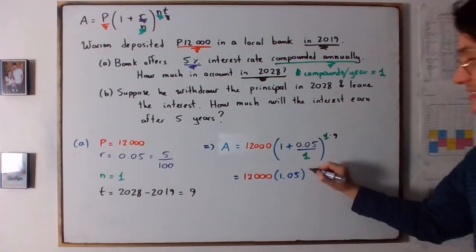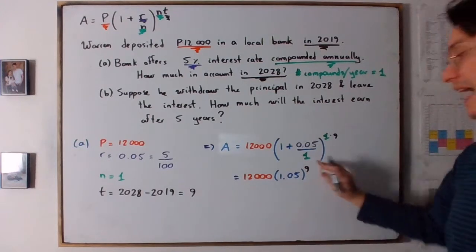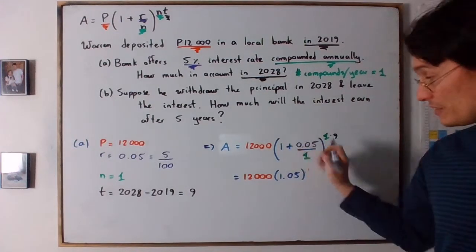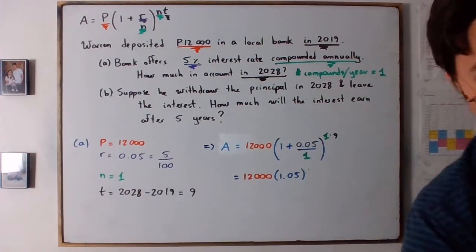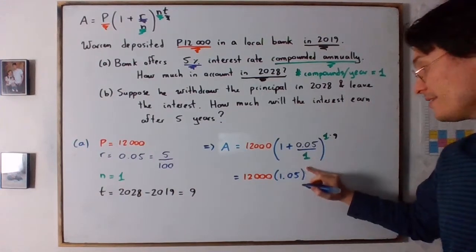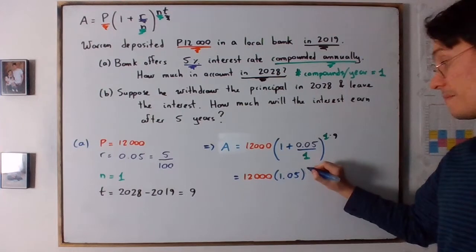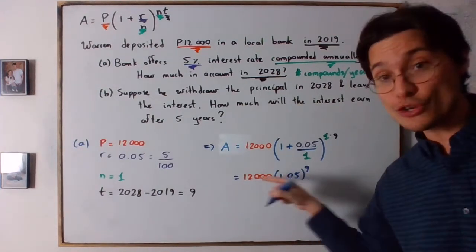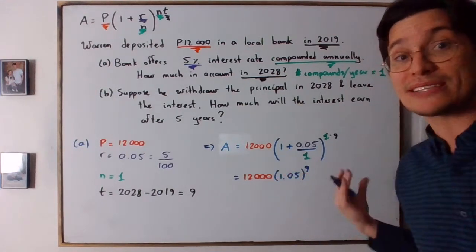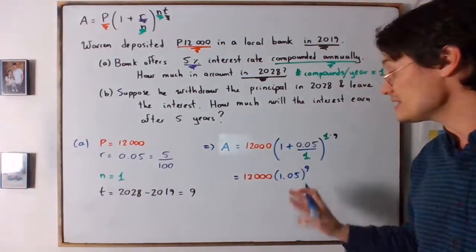So 1 times 9 is 9. You don't need a calculator for that. And same thing, you don't need a calculator for this. 1 plus 0.05 is going to give you 1.05. Notice how I did it, right? You should not use any calculator here.